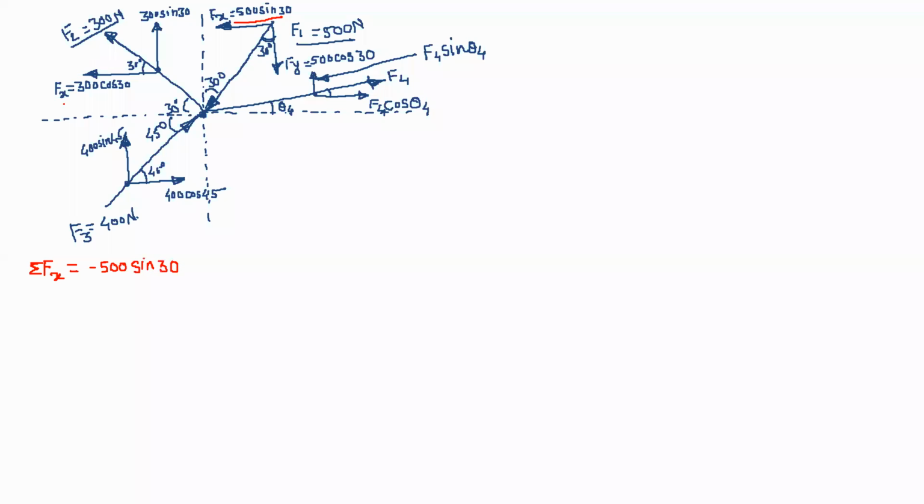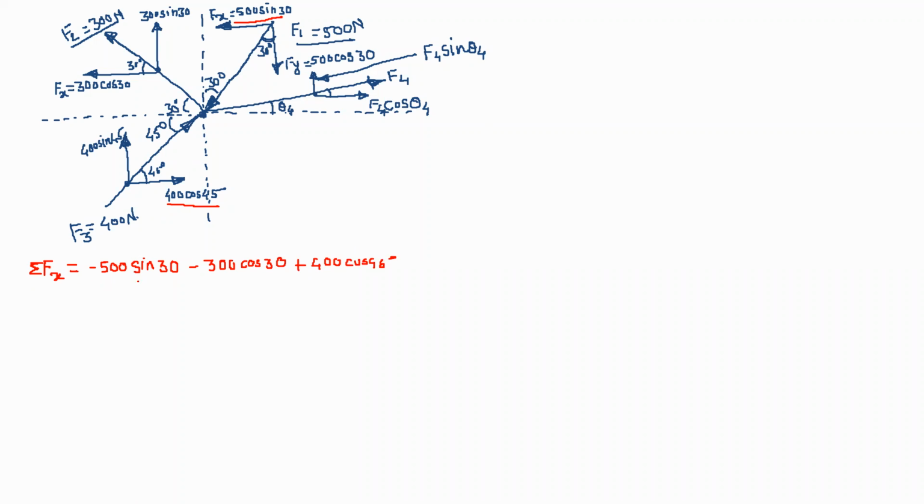Then F2, this will be 300 cos 30 and it is towards the negative x direction. So it is minus 300 cos 30. Now this 400 cos 45, this is the x component of F3. It is towards the positive x direction. So it is plus 400 cos 45.